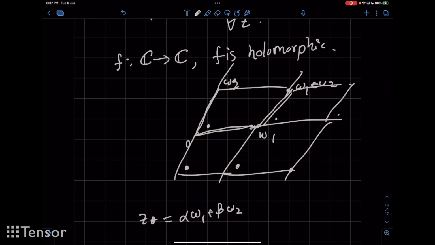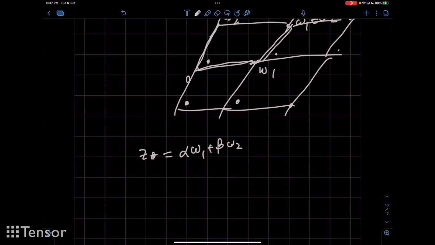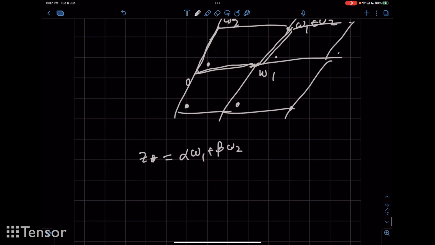So if we know the value of f in this parallelogram formed by 0, omega 1, omega 2, and omega 1 plus omega 2, we know the value of f on the whole complex plane. Why?